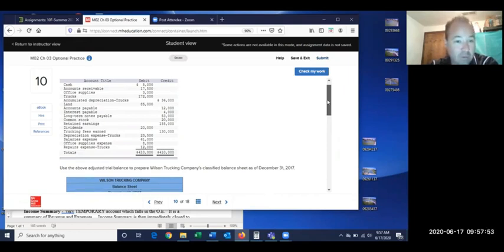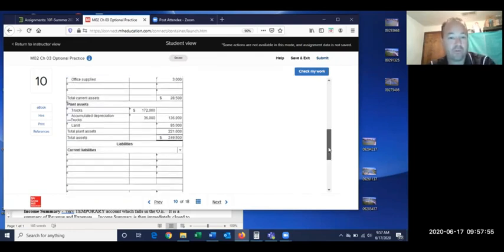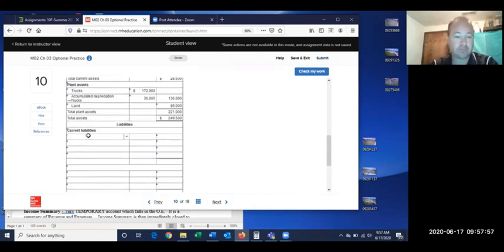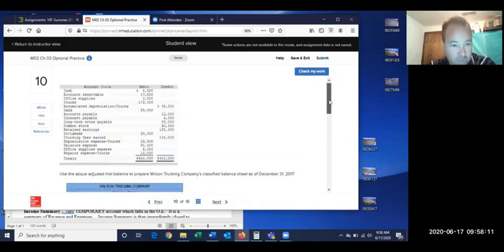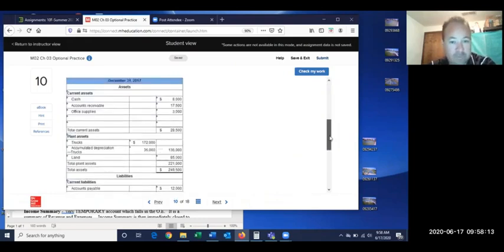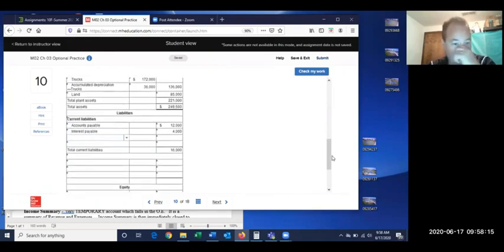So we've got accounts payable and interest payable, 12 and 4,000 each. So we can put these in. Accounts payable, 12,000. And then we had interest payable, 4,000. I always have to go back and make sure I didn't read those wrong. Yep, 12 and 4. That's our total current liabilities.